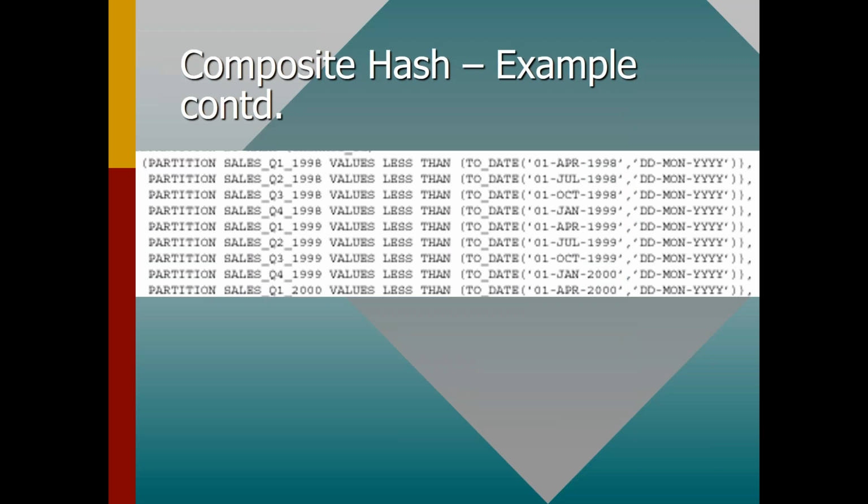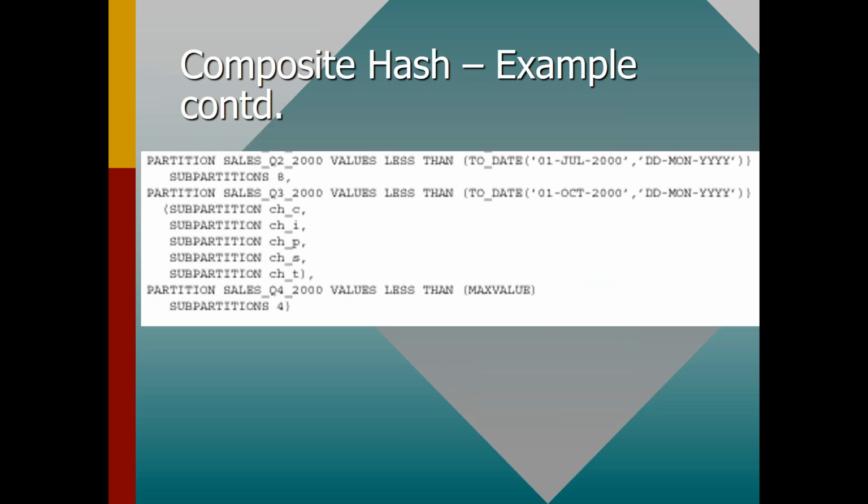So we've got a bunch of partitions, and sometimes we may want to break that into subpartitions. We can either just say the number of subpartitions we want, or we can name the subpartitions.